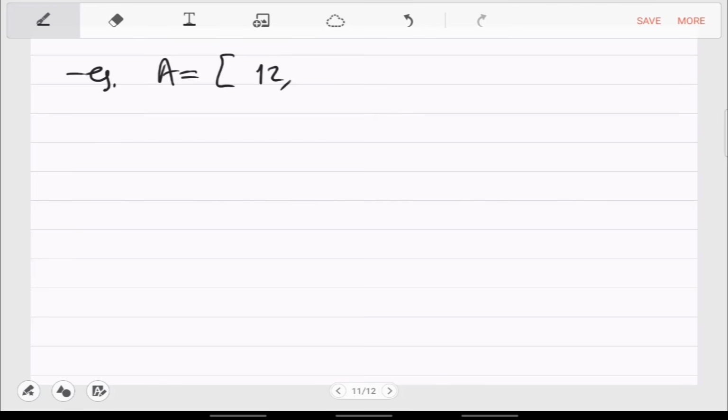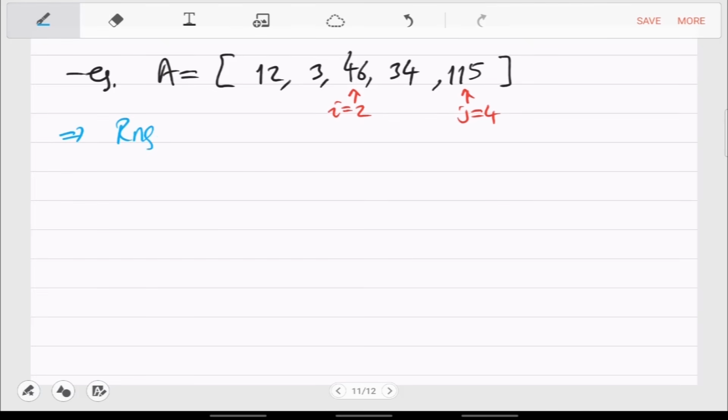So A, for example, can be this unsorted. So this is i equal to 2, and this is j equal to 4, and here range minima i comma j is equal to, yeah, so the min is in the middle, 34.